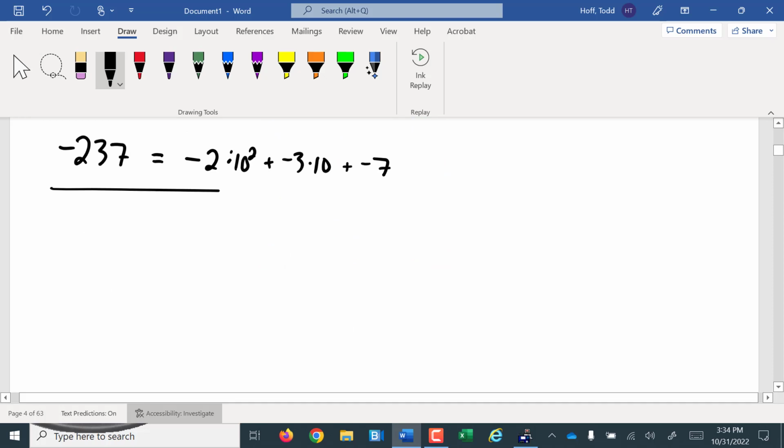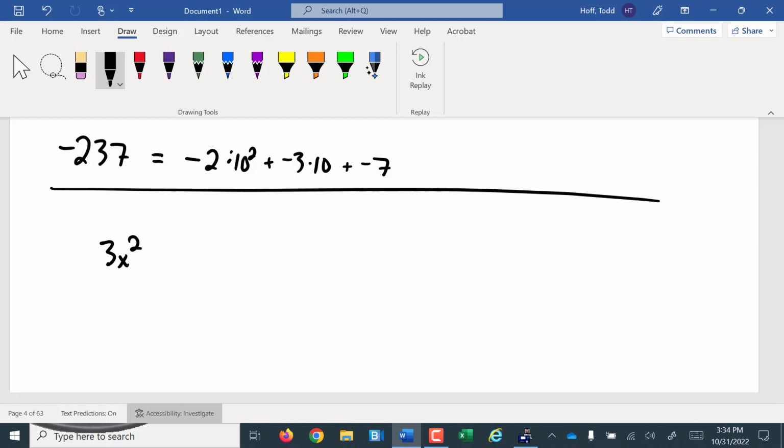In an algebraic number, each digit can be positive or negative on its own. I might have 3x squared minus 9x plus 12, where you can see that the x digit there, the negative 9x, is negative and every other digit is positive.